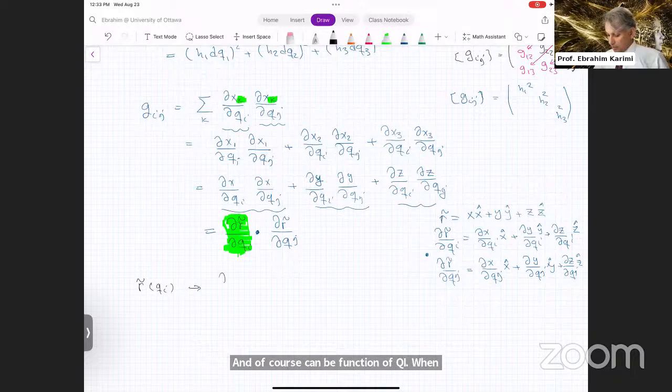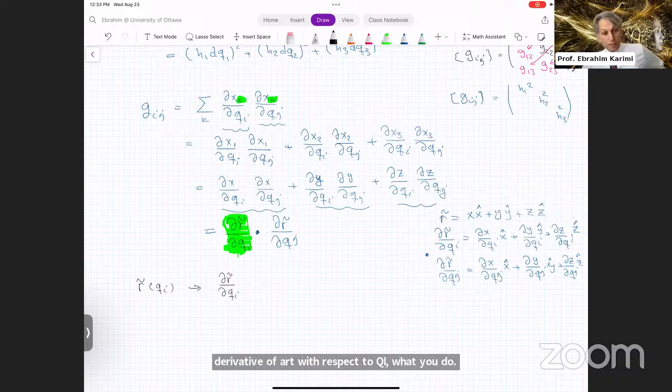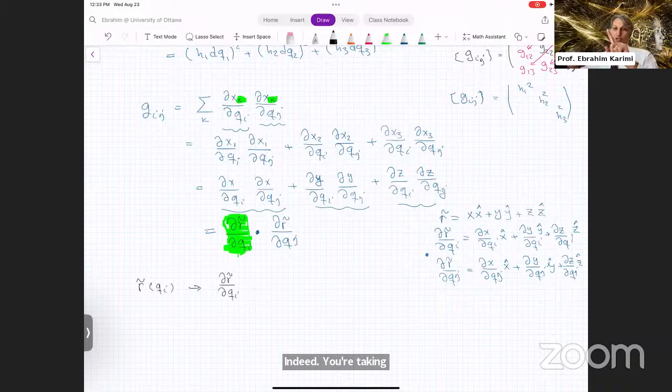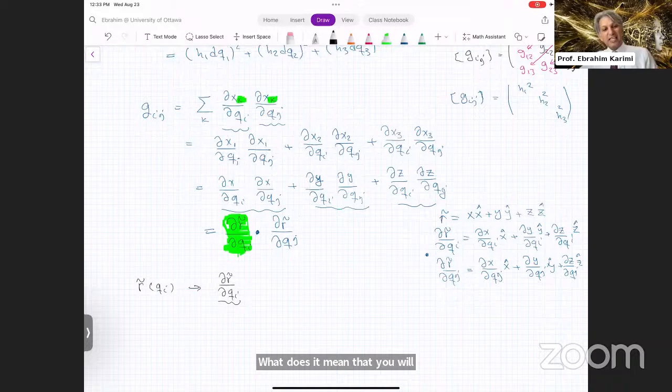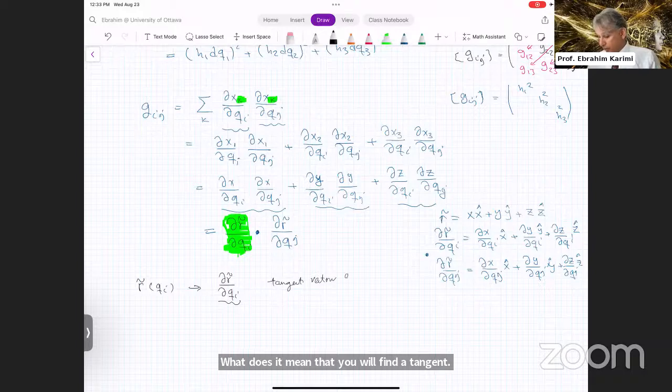When you take the derivative of R with respect to Qi, what you do, indeed, is take a vector and look at the infinitely small displacement of that with respect to Qi. What does it mean? That you will find a tangent vector of the Qi. Okay.